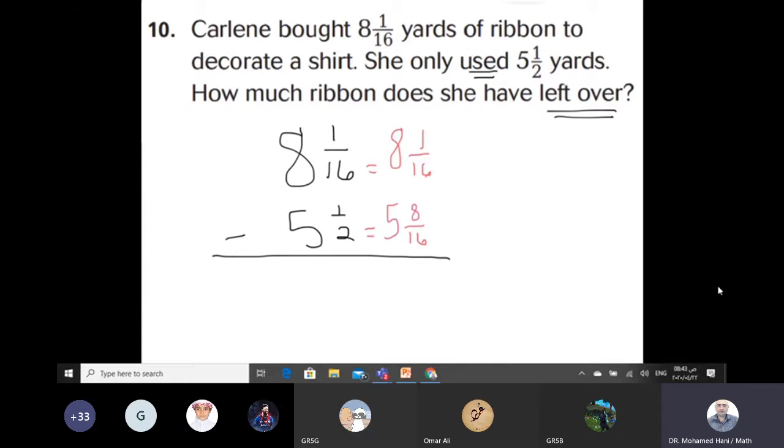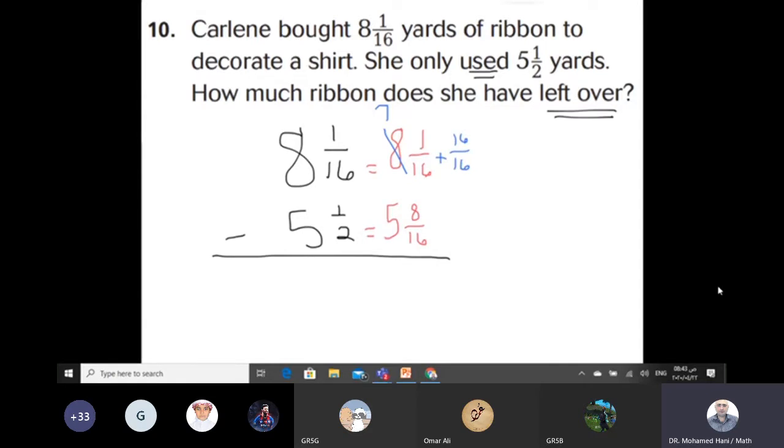Okay, remember our step. When you subtract 8/16 from 1/16, you can't do it unless you regroup. Now I know that I can regroup by borrowing from my whole number, the 8. We'll call that a 7. And now I'm going to make a whole because I borrowed a whole. So I'm going to add right here 16/16 because that equals 1 whole.